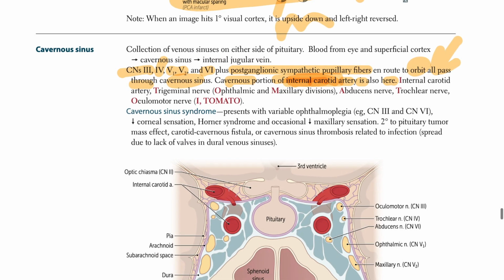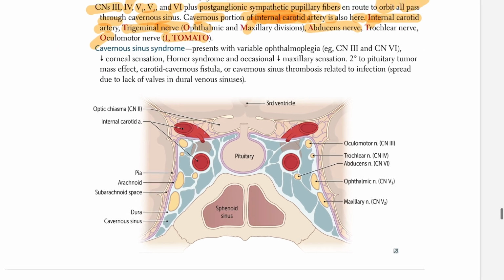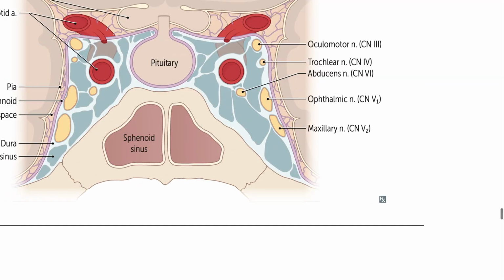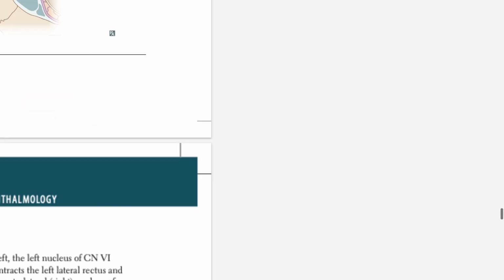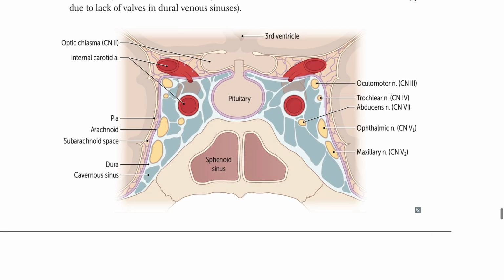So the mnemonic they have is I TOM-ATO, which is internal carotid artery, trigeminal nerve, ophthalmic and maxillary divisions, abducens nerve, trochlear nerve, and oculomotor nerve. That's the eye tomato. So let's take a look at the structure first. So here are the structures. We have internal carotid artery. You see this part, internal carotid. And we have 3, 4, 6.